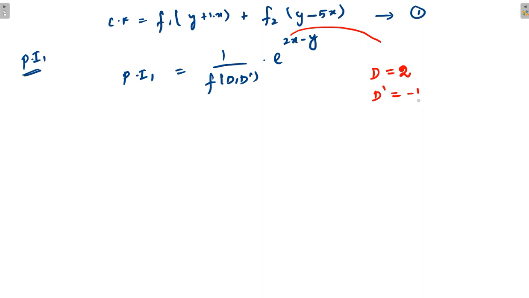Now I am going to substitute D equal to 2 and D dash equal to minus 1 in the function below, that means D square plus 4DD dash minus 5D dash square.